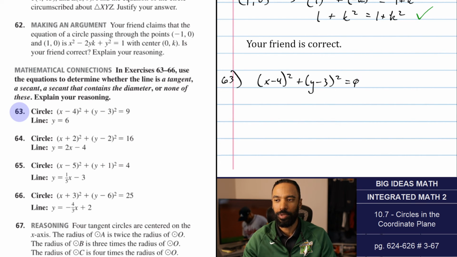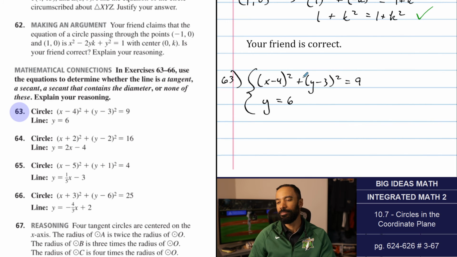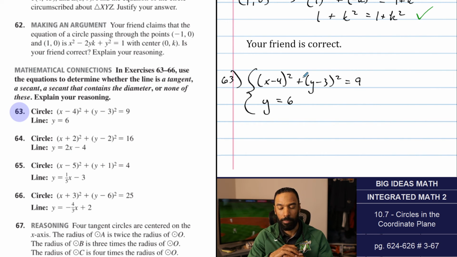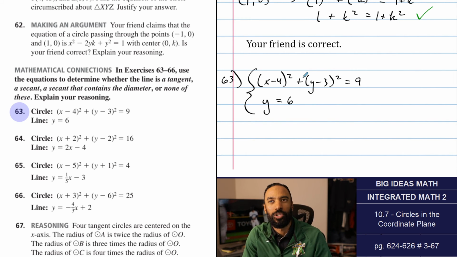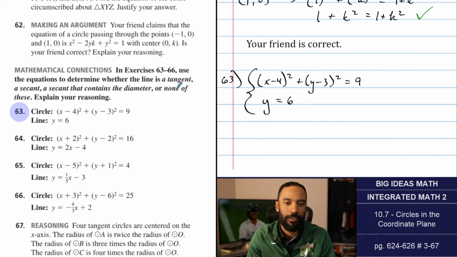I feel like with these ones, we have two options. There's an algebraic version and a graph version of this one. I might want to graph them because they're also asking, if it's a tangent, that means plugging in 6 for y would give me only one solution for x.